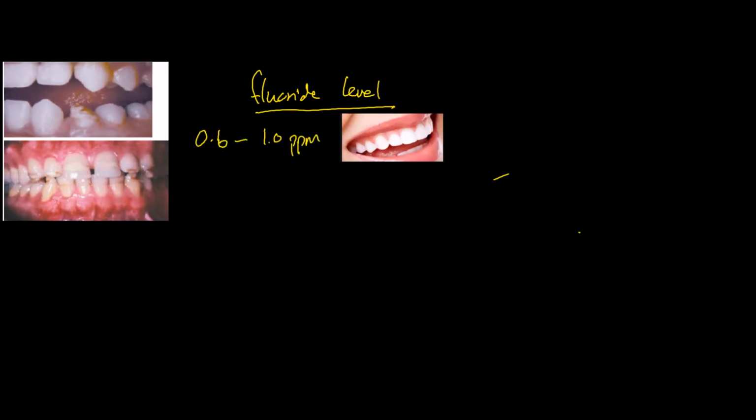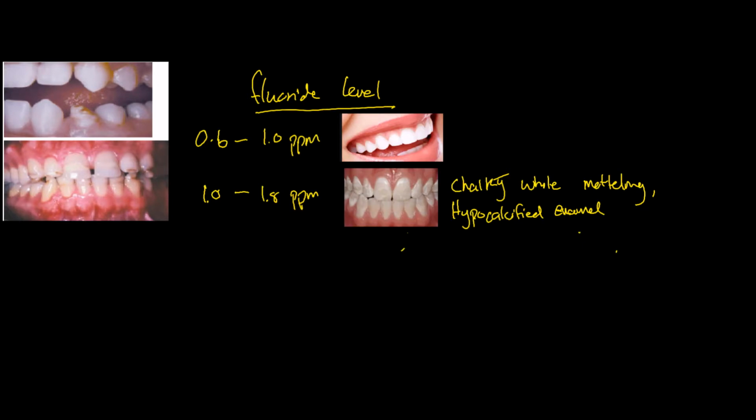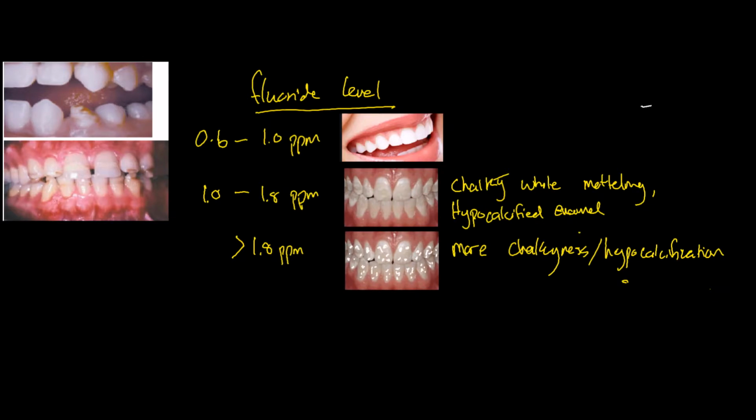So, about 0.6 to about 1 parts per million is the ideal level of fluoride. Once you get to about 1.0 to 1.8 parts per million, you start to see chalky white mottling and hypocalcified enamel. Greater than 1.8, you start to see more chalkiness and more hypocalcification.